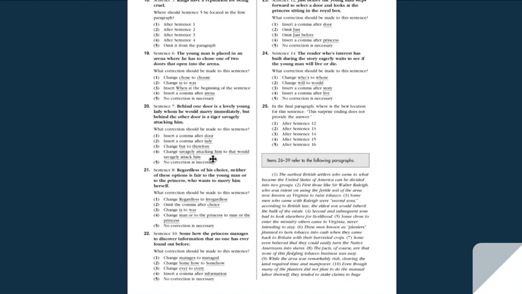Change savagely attacking him to that would savagely attack him. Let's try that out. Behind one door is a lovely young lady whom he would marry immediately, but behind the other door is a tiger that would savagely attack him. There you go. Whom and that work in the same manner, but whom works for people and that works for things and animals. So your answer is number 4.